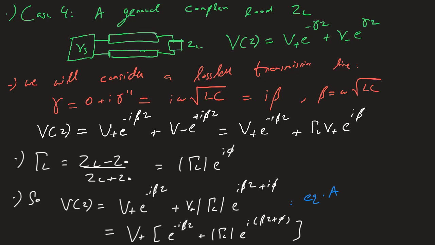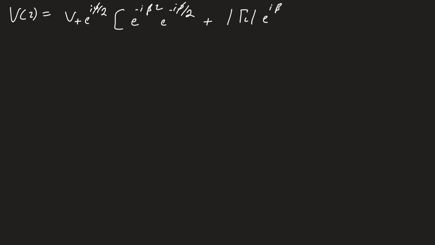What we can do is that we can divide by a factor of e to the iota phi by 2, and if I do that, then v of z becomes equal to V plus e to the iota phi by 2, a factor which we've taken common because things will become simpler if and when we do this, times e to the minus iota beta z e to the minus iota phi by 2 plus our reflection coefficient magnitude gamma L times e to the iota beta z times e to the iota phi by 2. Okay.